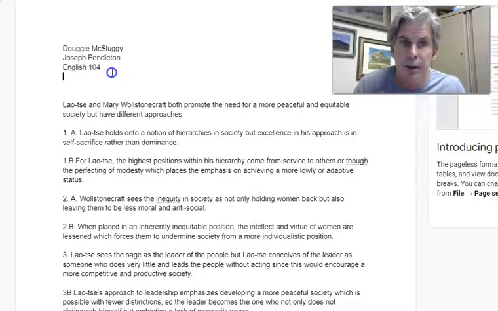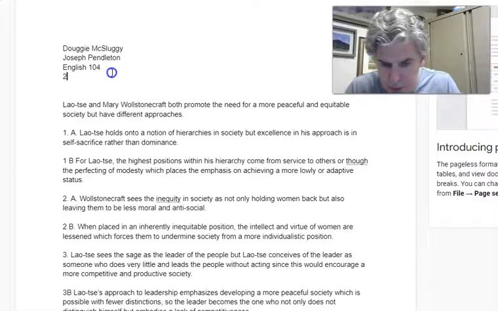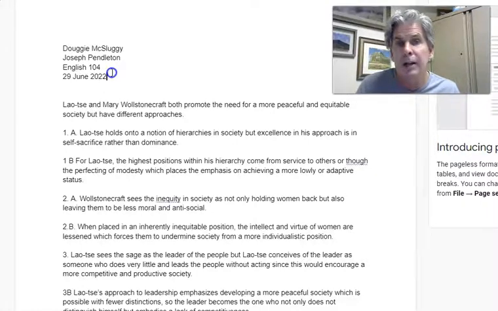And then you put the date: day, month, year, because it is done differently throughout the world. The rest of the world does it day, month, year. The United States does month, day, year. Just follow along. And so 29 June 2022. You put in the date that you handed it in, okay?